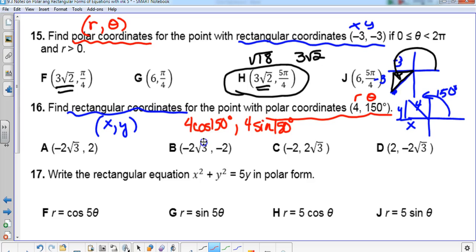What are we going to do, though, about the fact that these are not decimals? Nope. These are degrees.